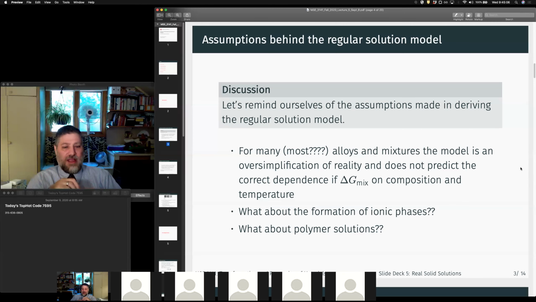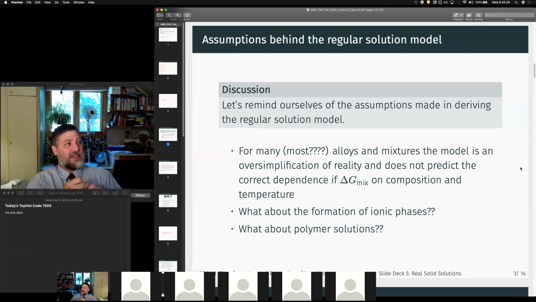So how do we consider what happens in a real solution? If we just had a regular solution model, we would never form covalent or ionic ceramics. And what about polymer solutions, where we have long chains?